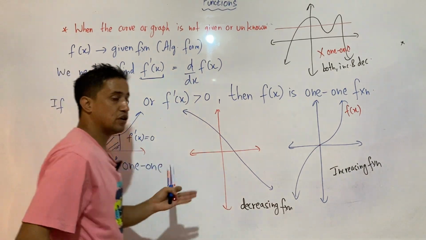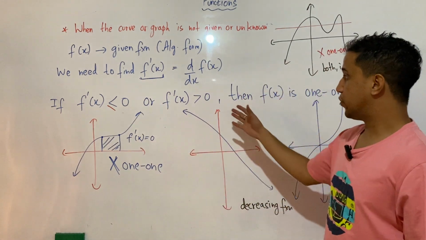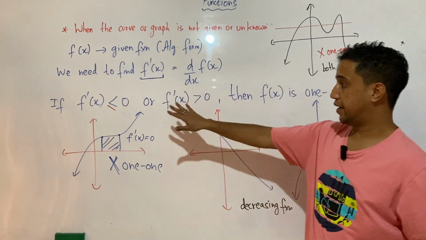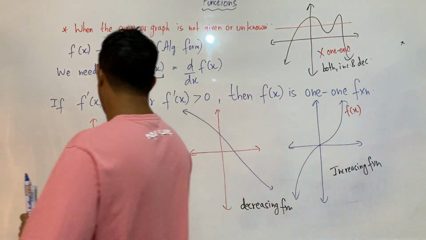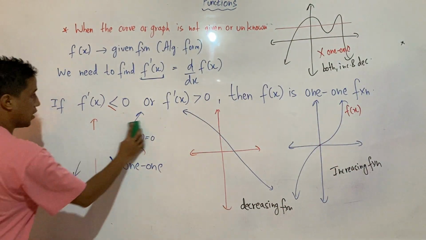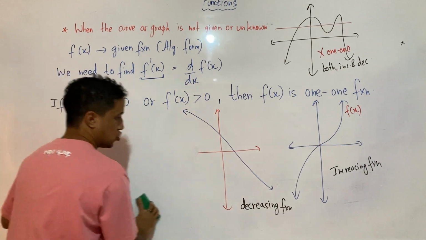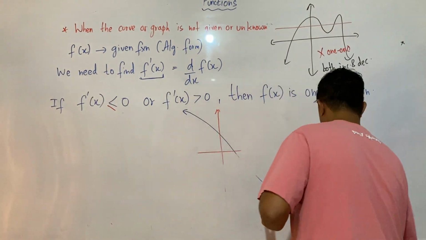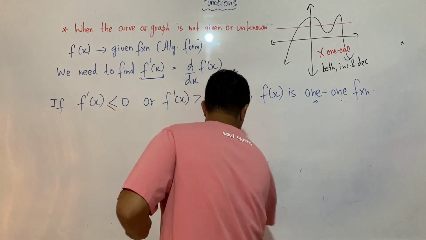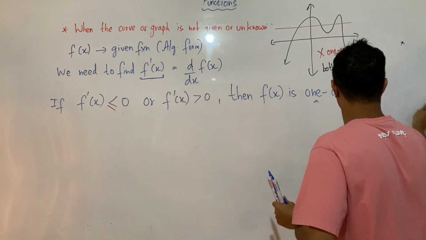But if your derivative is 0 at discrete points, then we say that this function is a 1-1 function. Okay, now come back to the discussion. This is just for your understanding purpose.